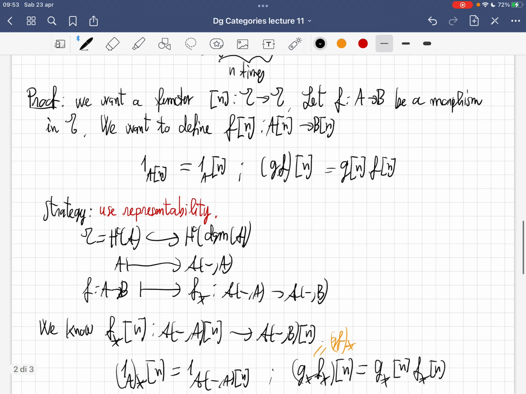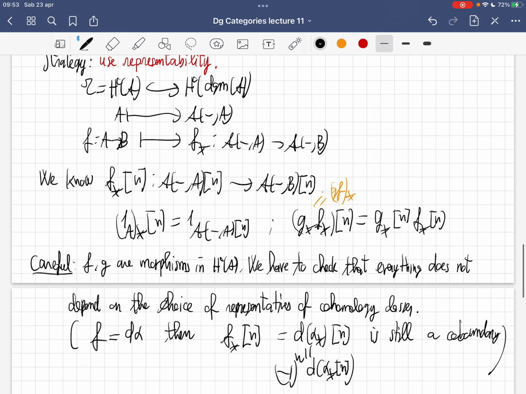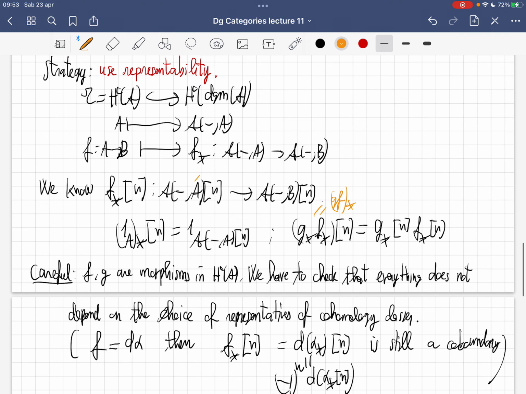We have defined this functor by means of this representability trick. So you start with something in your category. You apply the Yoneda embedding. You do your constructions there, which are very explicit. You can handle them, and then you use representability to go back, so that in the end you'll get what you want, because you have these isomorphisms.